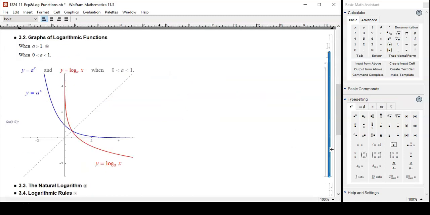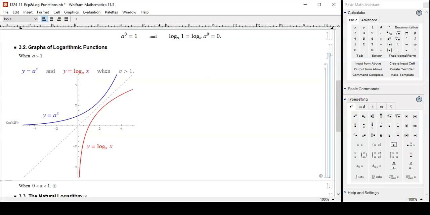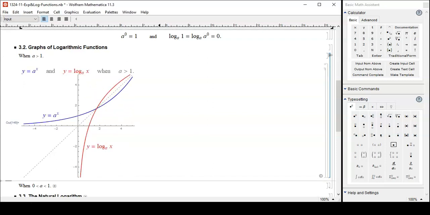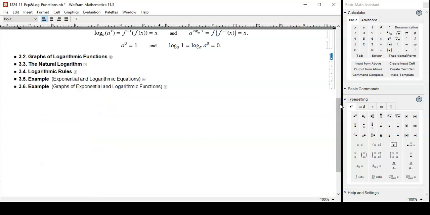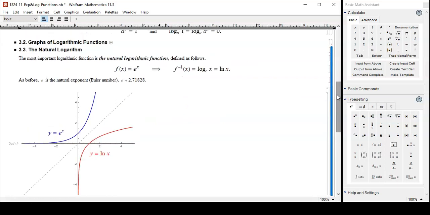Now when a is less than 1, we get this kind of exponential and logarithmic functions, but we hardly consider these cases. We hardly consider these cases either for arbitrary a values. 99% of the time, we're going to consider the natural logarithmic function.